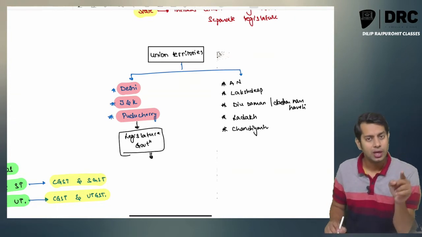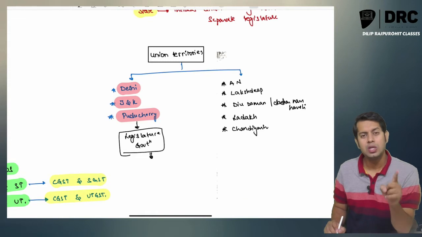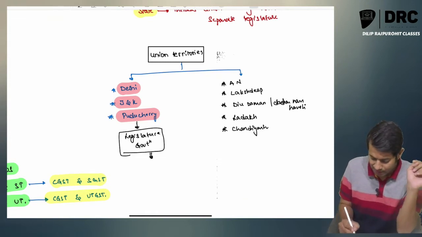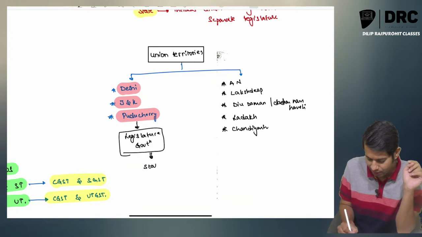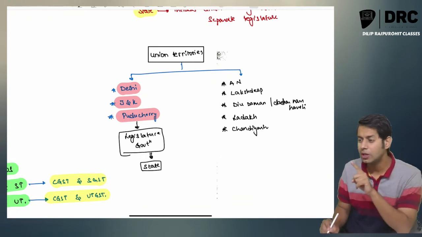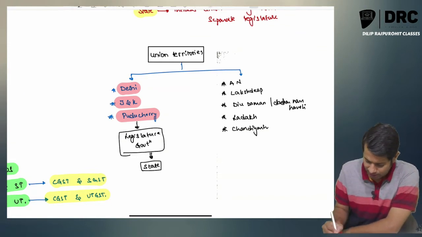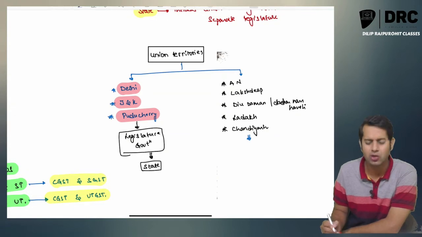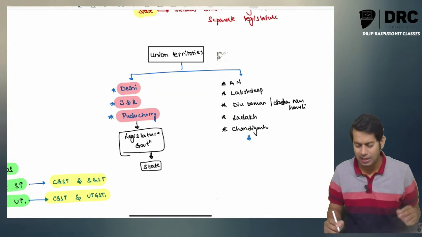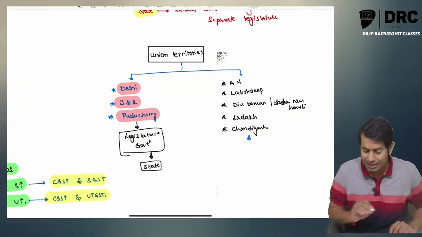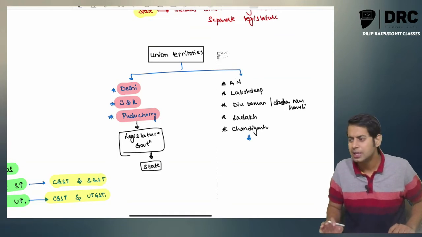Now, because these 3 union territories can have their own government, though they are union territories, they will be regarded as state for the purpose of GST law. Similarly, we have other union territories: Andaman Nicobar, Lakshadweep, Diu Daman, Dadar Nagar Haveli, Ladakh and Chandigarh. They cannot have their own government. Sir, then how are they run?